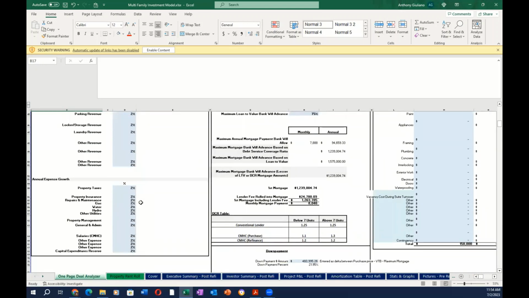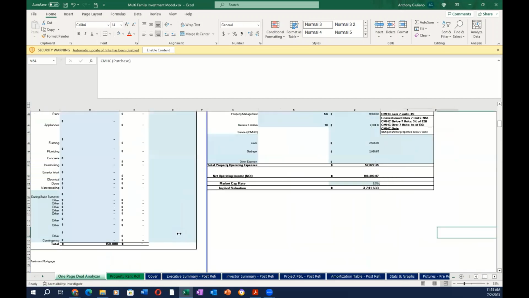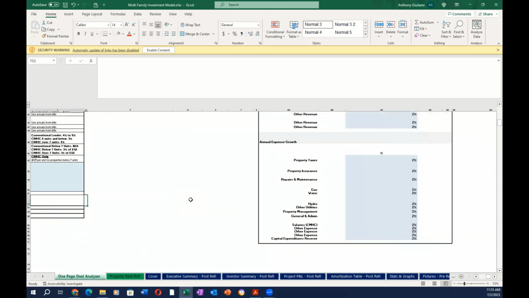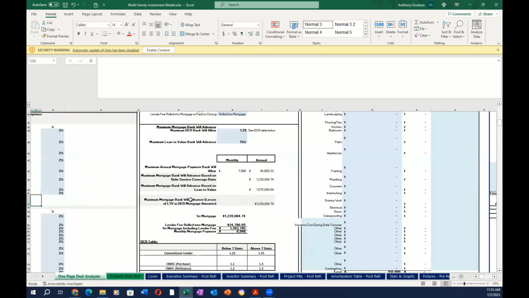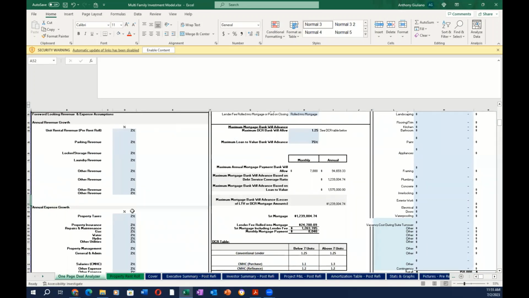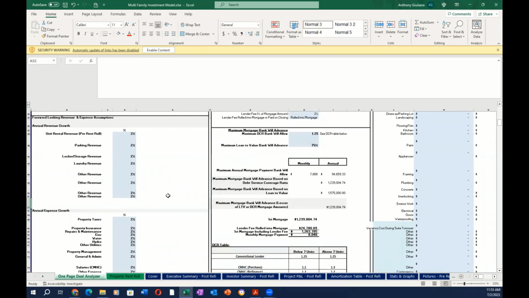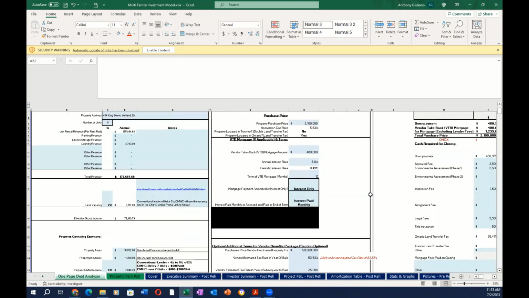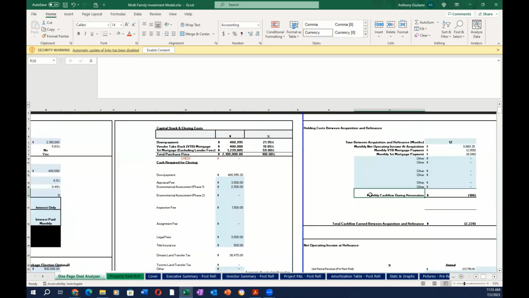The reason we have this here two times, one in the acquisition and one in the section for refinance, is that if you just wanted to buy a property and hold it, you can just change your term between acquisition and refinance here to whatever, 600 months, and that'll get you to about 12 years.